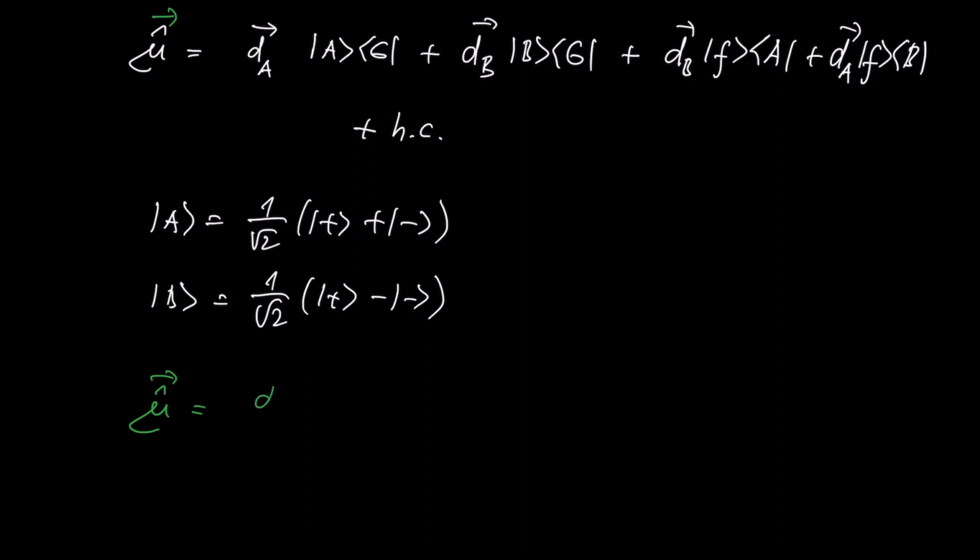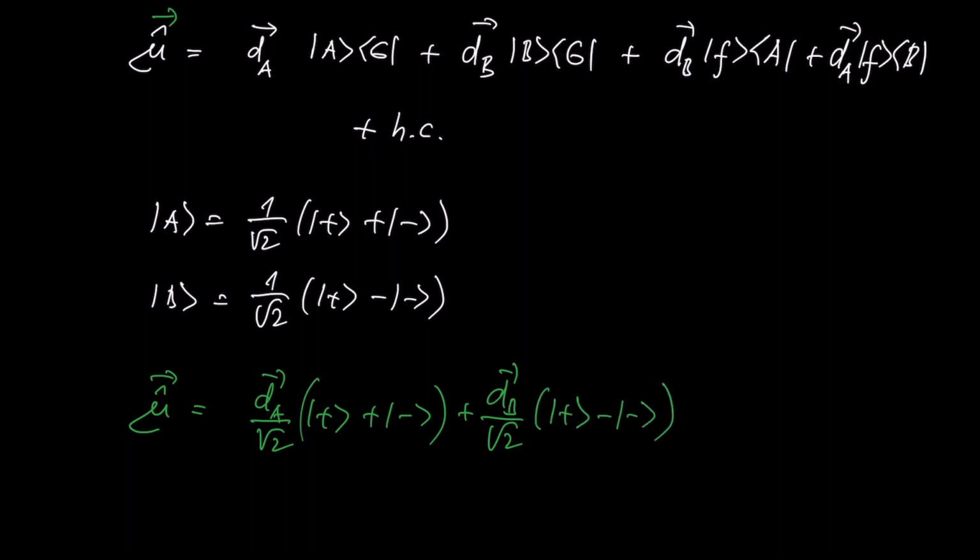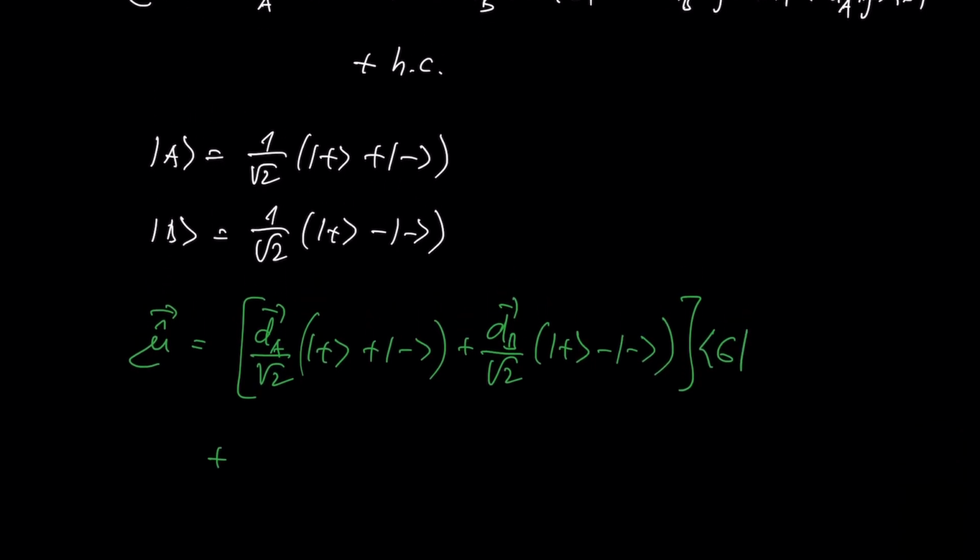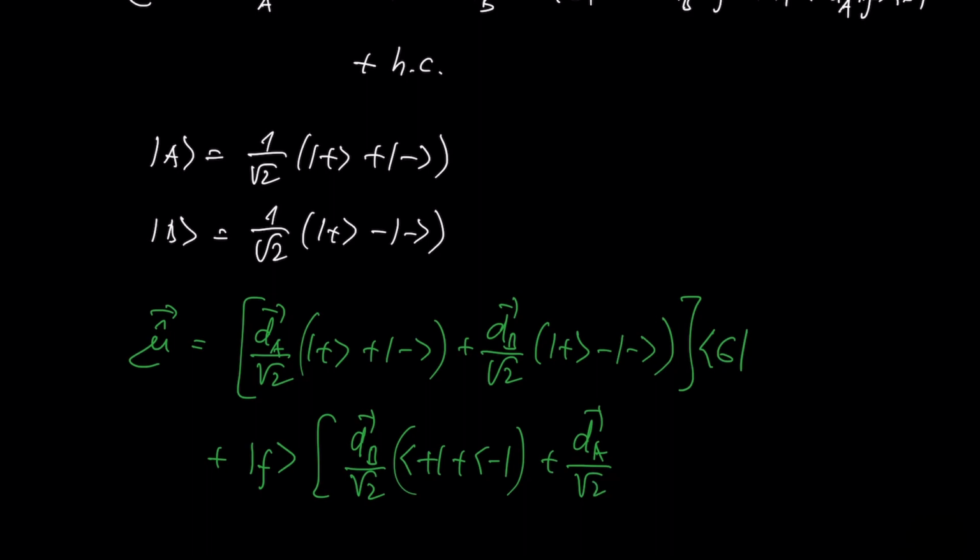So the state A is written as plus minus, and the state B is written as plus minus, and this is all going to be with G here, and now we will have dB over square root of 2, and A is plus minus, and here we have dA over square root of 2, plus minus.